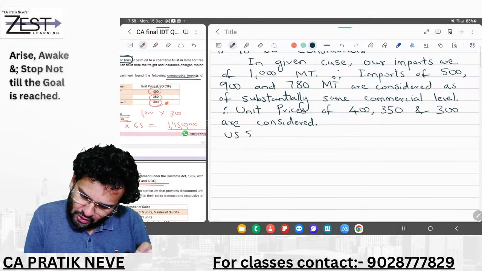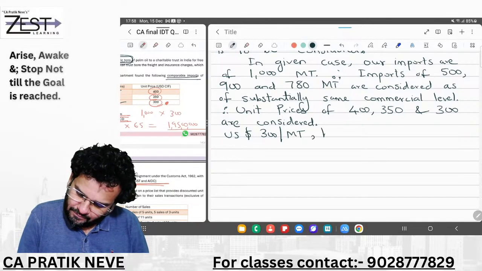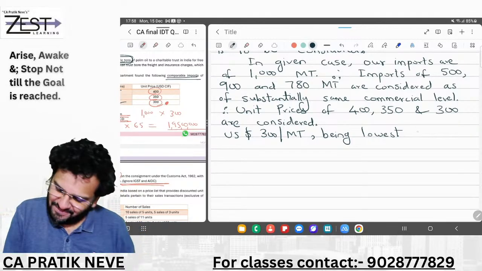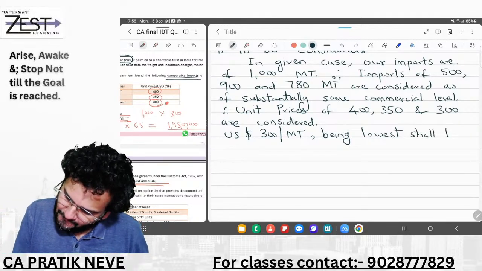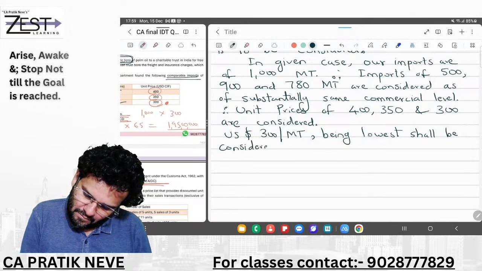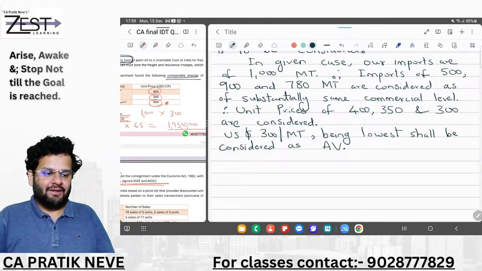US dollar 300 per metric ton being lowest shall be considered as assessable value. Clear?